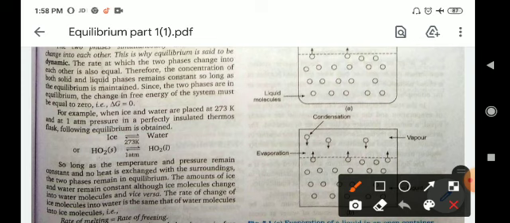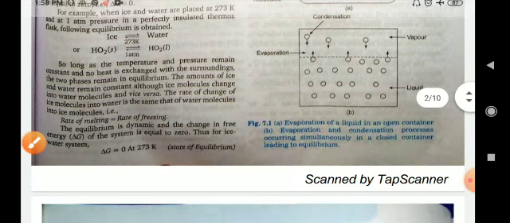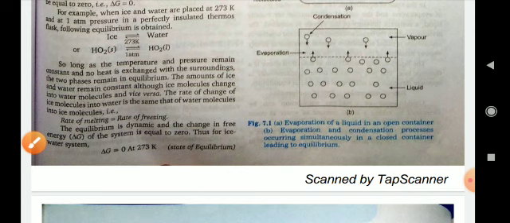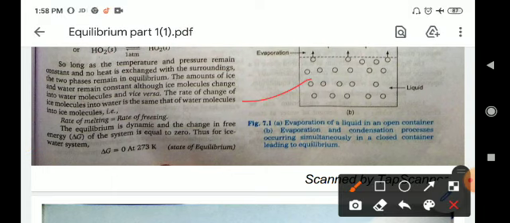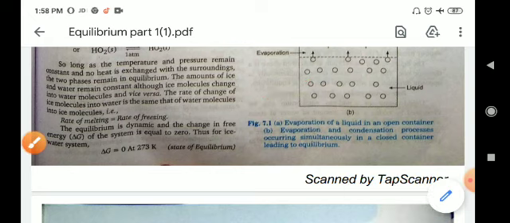These vapors exert a pressure on the liquid, and at some point they start to condense, converting into water and falling back into the liquid, and this process continues. But a point will come when the rate of condensation and the rate of vaporization become equal, and this condition is known as liquid-vapor equilibrium.